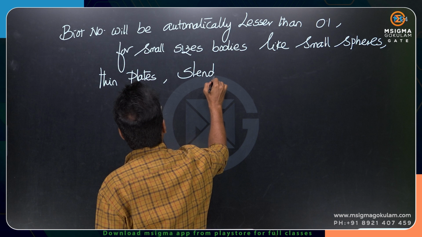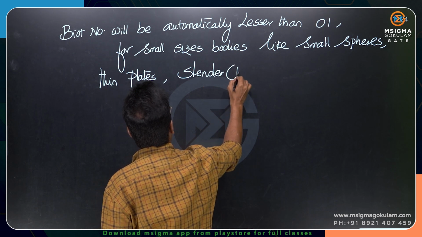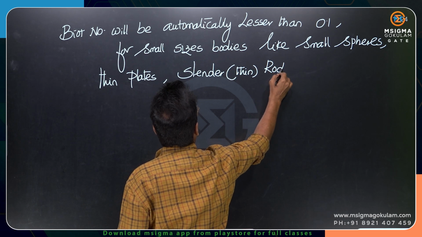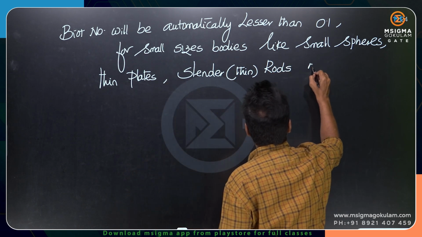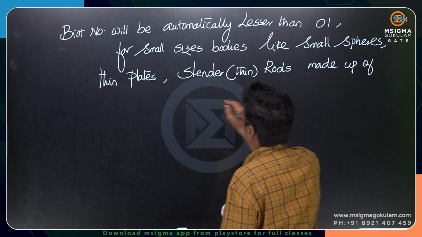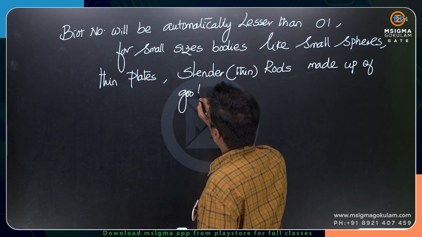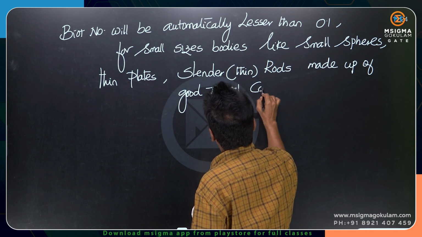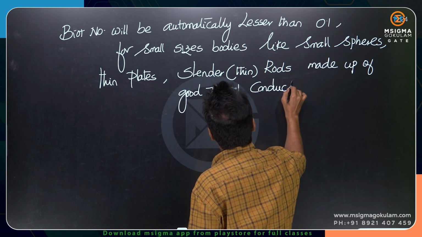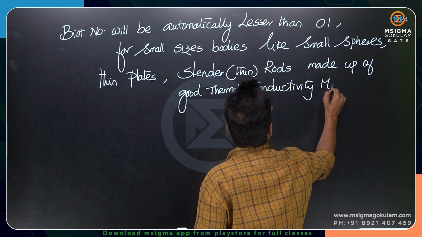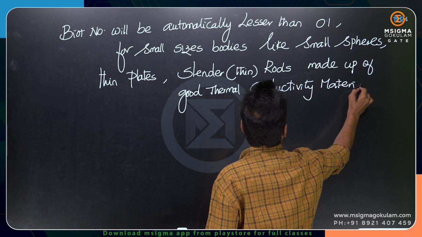Slender means thin rods, made up of good thermal conducting material, high thermal conductivity material like copper, aluminum, etc.